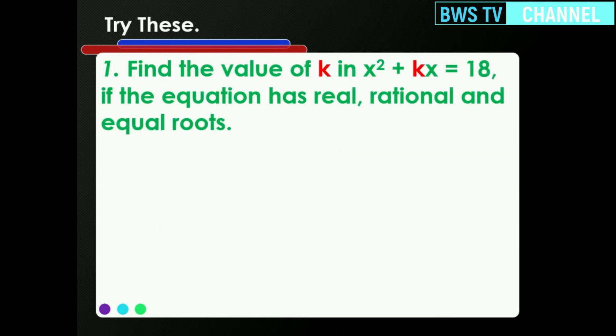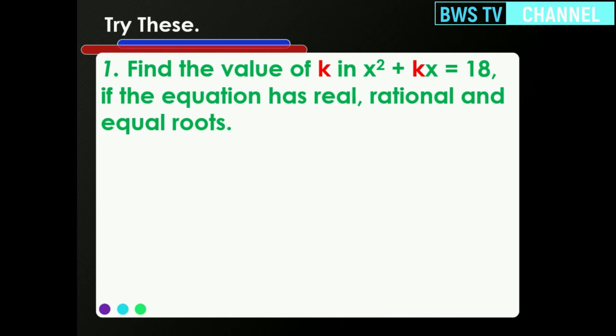So we have here example number 1, wherein we can apply discriminant to solve this kind of problem. Find the value of k in x squared plus kx is equal to 18 if the equation has real, rational, and equal roots.